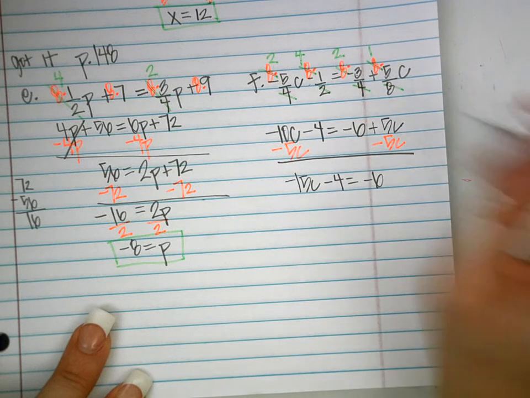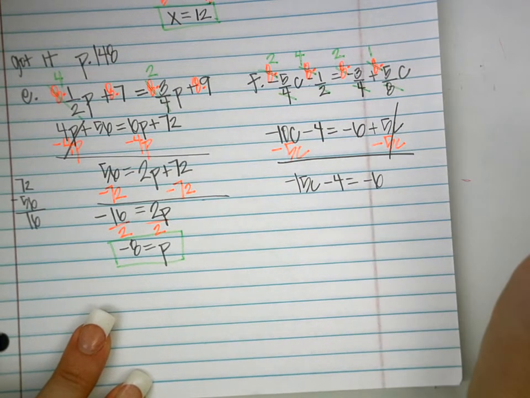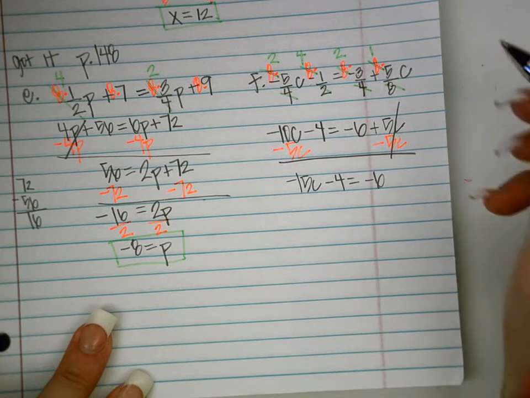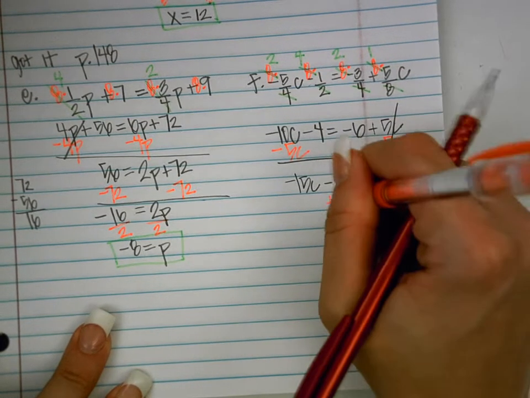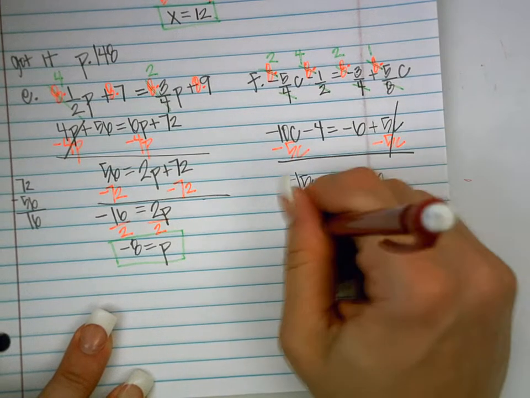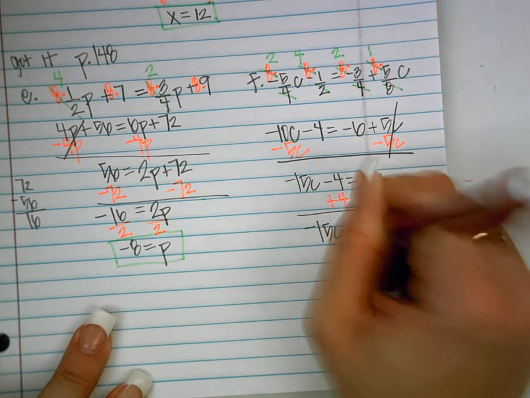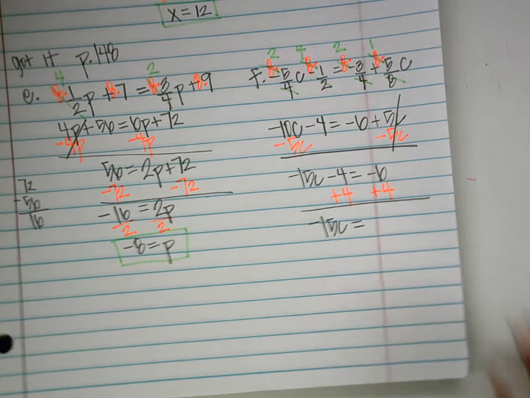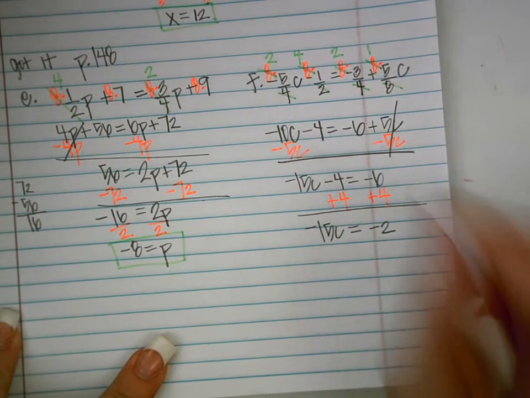These go away. Then what happens? Add 4, so move the 4 to the opposite side. That leaves you with negative 15C equals, what's negative 6 and positive 4? Negative 2.